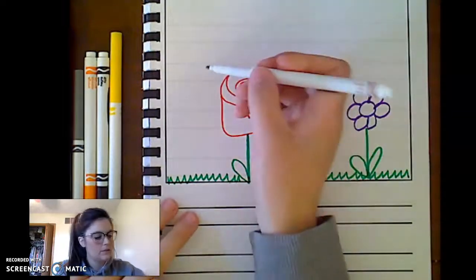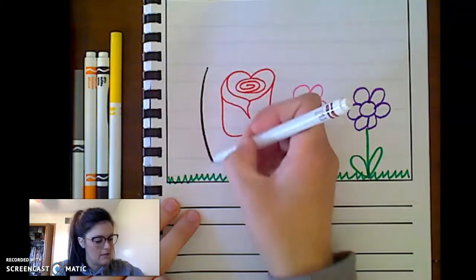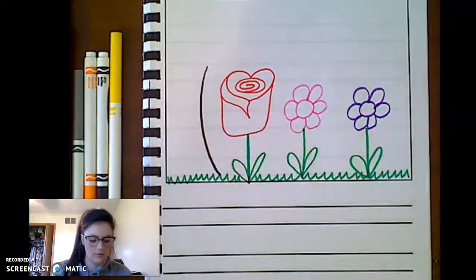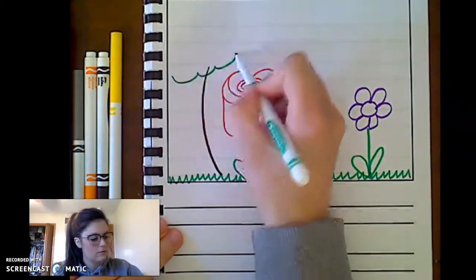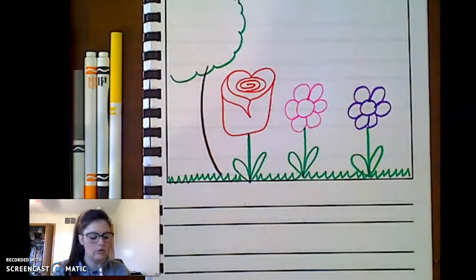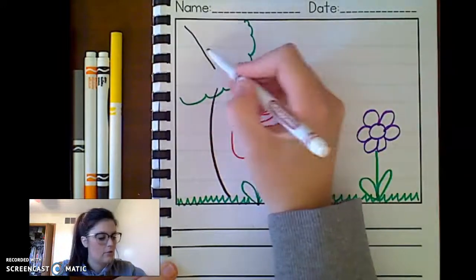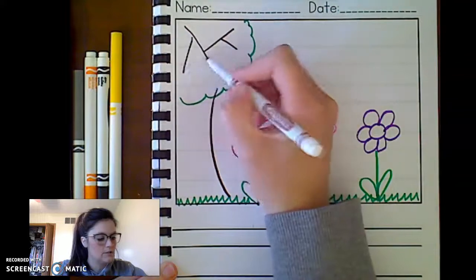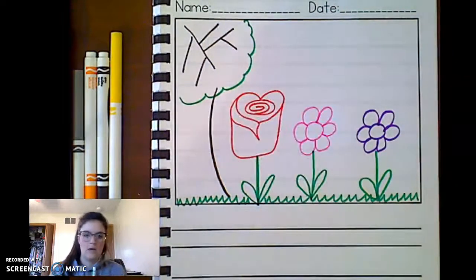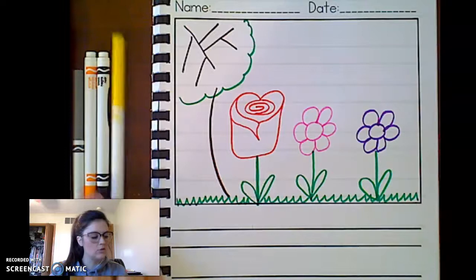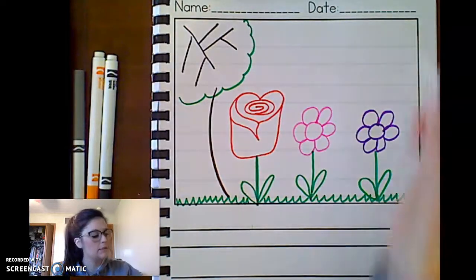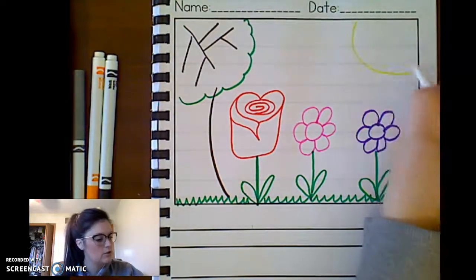And then Mrs. Clanton's trying to think, I might add a tree over here. So there would be my tree. And then I could add some branches. I'm just trying to add a lot of details to my picture so that I have plenty of things to write about.